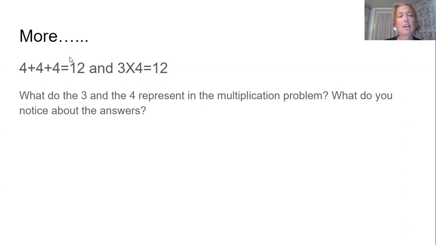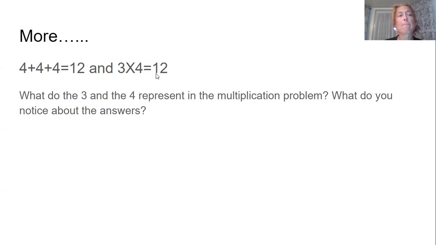If you look, our answers are the same, whether we do an addition problem or a multiplication problem, as long as we're representing the picture properly. So as long as we have 3 sets of 4 in our addition problem and 3 sets of 4 in our multiplication problem, we get the same answer.